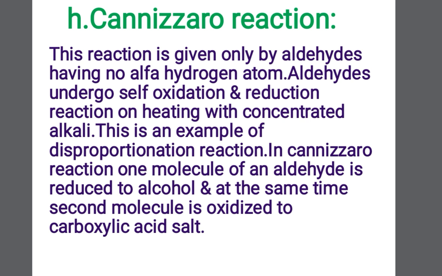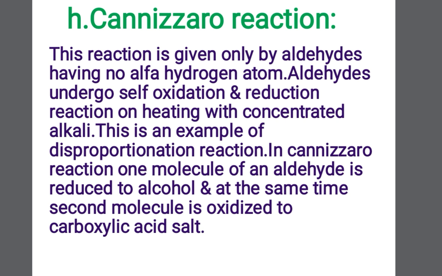Disproportionation reaction means the molecule itself undergoes oxidation and reduction, and that type of reaction is called a disproportionation reaction. In Cannizzaro reaction, one molecule of an aldehyde is reduced to alcohol and at the same time a second molecule is oxidized to carboxylic acid salt. Means in one reaction, oxidation and reduction take place. Therefore, it is a disproportionation type of reaction.